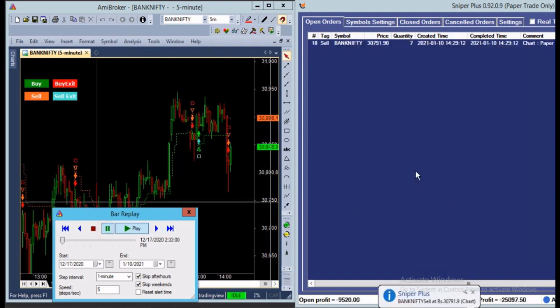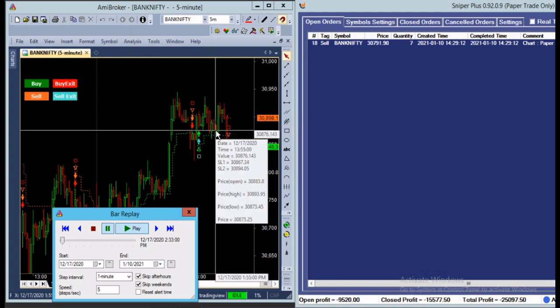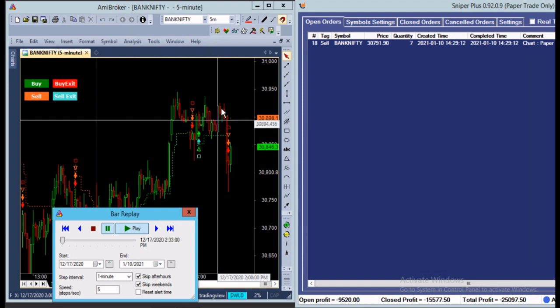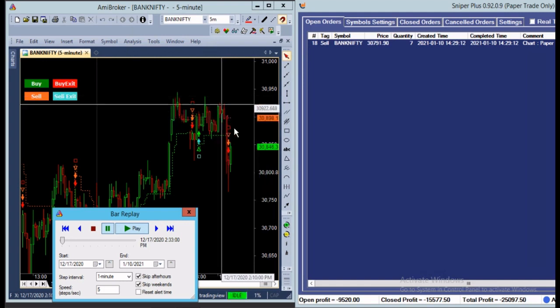Now we got a sell call, and this sell call is also in loss, and the call before it was also in loss, so we got 5 plus 2, 7.